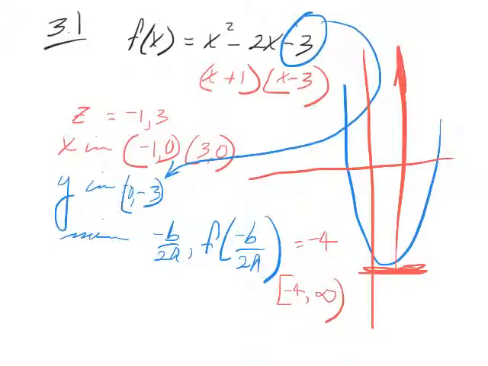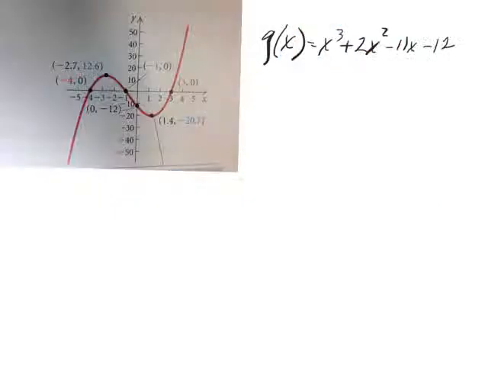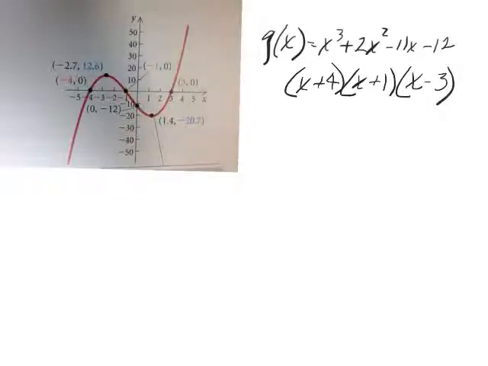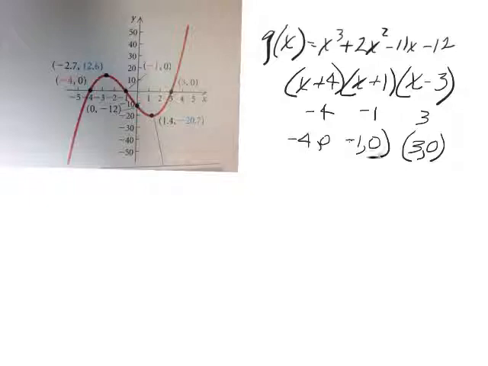Let's look at a cubic function here for a minute. So when I factor this cubic function, I get x plus 4, x plus 1, and x minus 3, which gives me zeros of negative 4, negative 1, and positive 3, which then gives me my intercepts of those.